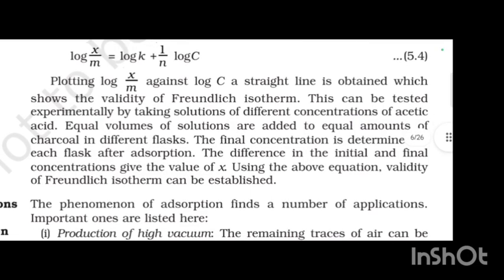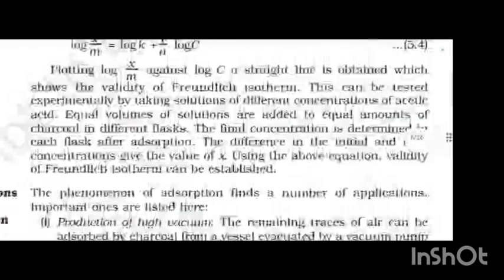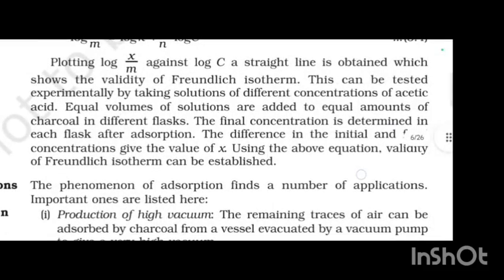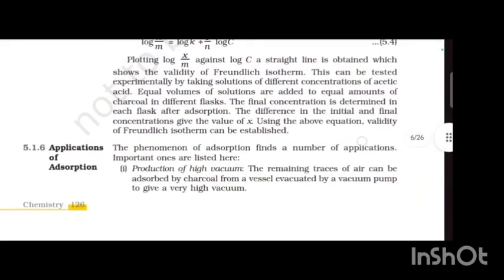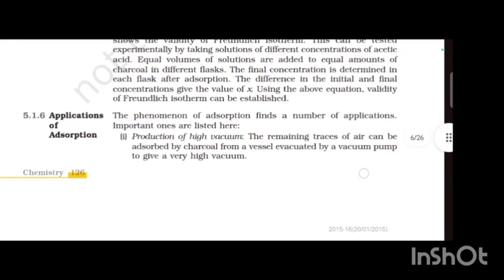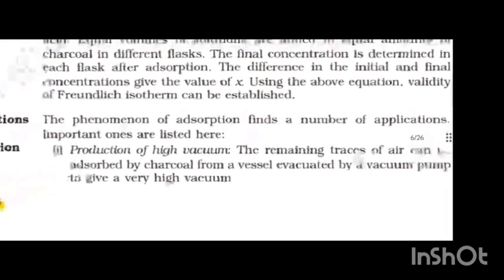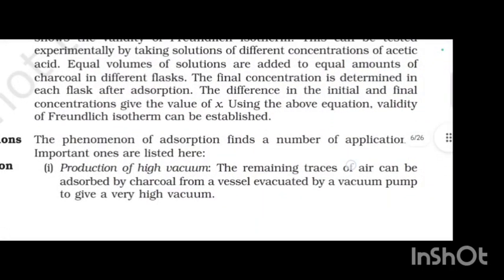Plot equation 5.4. Plotting log x/m against log c, a straight line is obtained, which shows the validity of the Freundlich isotherm. This can be tested experimentally by taking solutions of different concentrations of acetic acid.